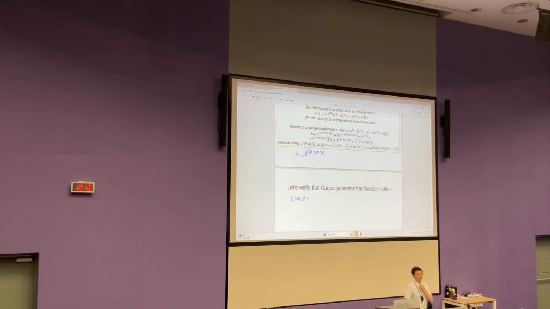It commutes with everything, so let's not worry about it because the rho in the U part and in the U dagger part will cancel. And this E part, E commutes with this little a, so this E part can pass through and also cancel the E part from the U dagger, but the A dagger A part will not just pass through.